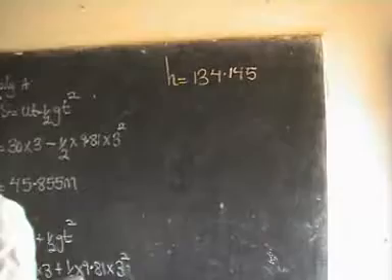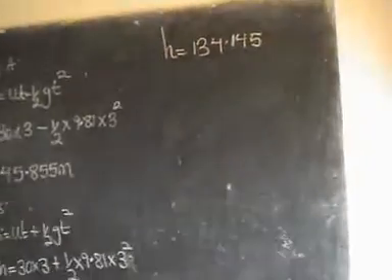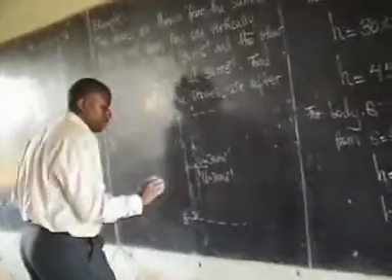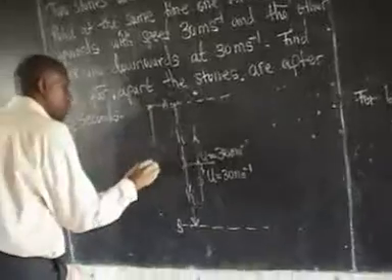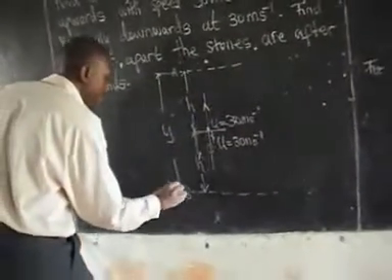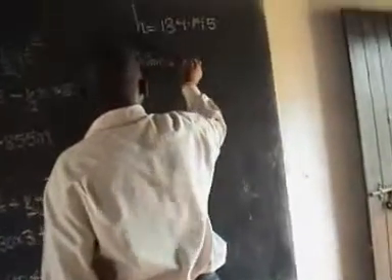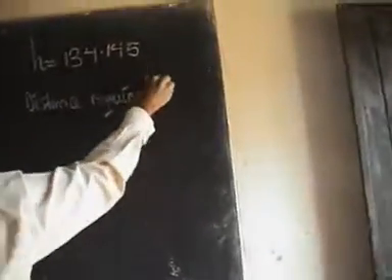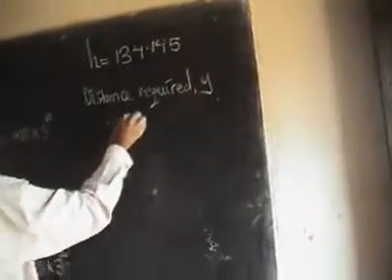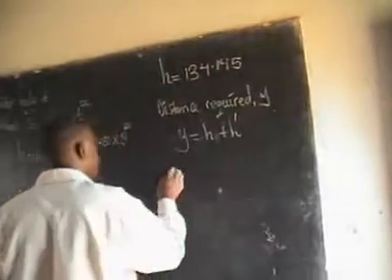So now the distance required, since they are not the same, if this may be h prime, the required distance is this distance, which is y. So that is y equal to h plus h prime.